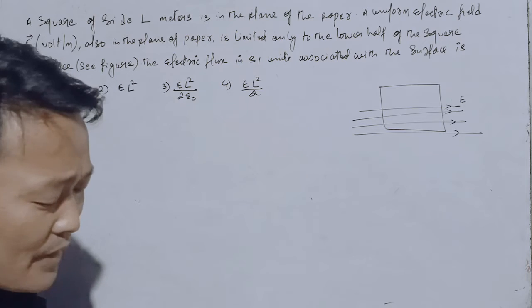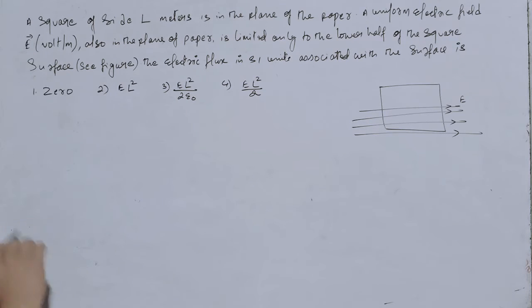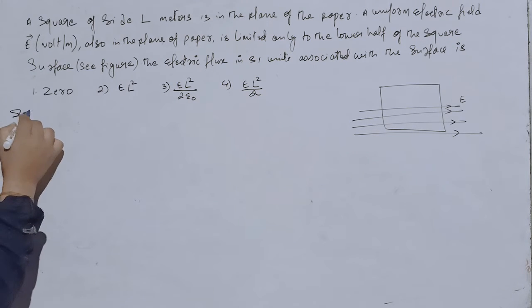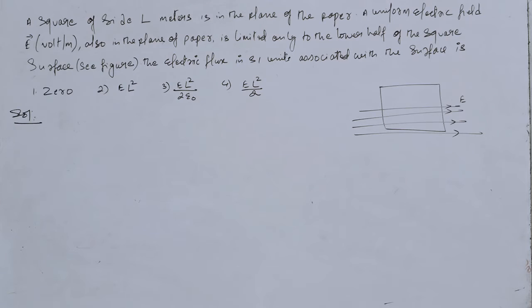Now see how to solve this problem. Electric flux is the amount of electric lines of force which passes through a certain area, the amount of field passing through it.